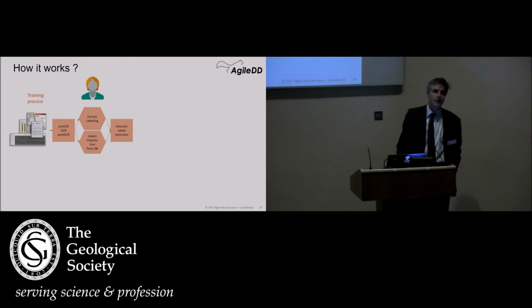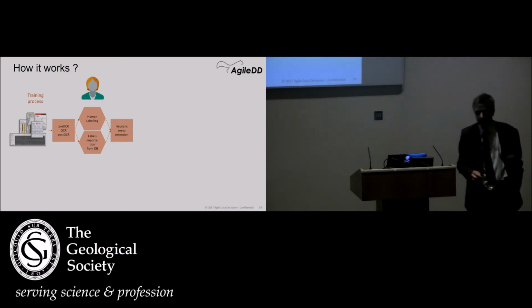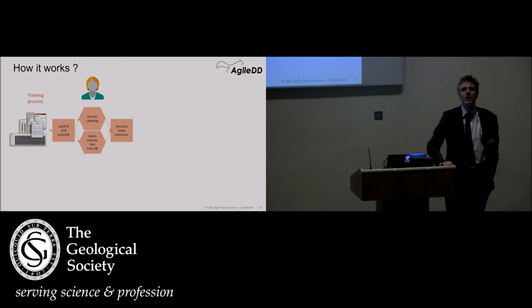But, you know, we have seen with a presentation from Statoil just a few minutes ago that you need a lot of labels in machine learning. That's an issue. You need to train a lot. So in order to reduce this effort, we have developed a tool to, let's say, extend automatically the training you have done. I will take an example.